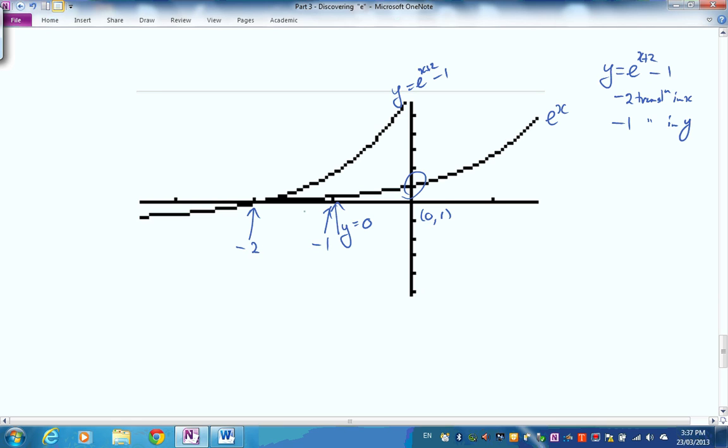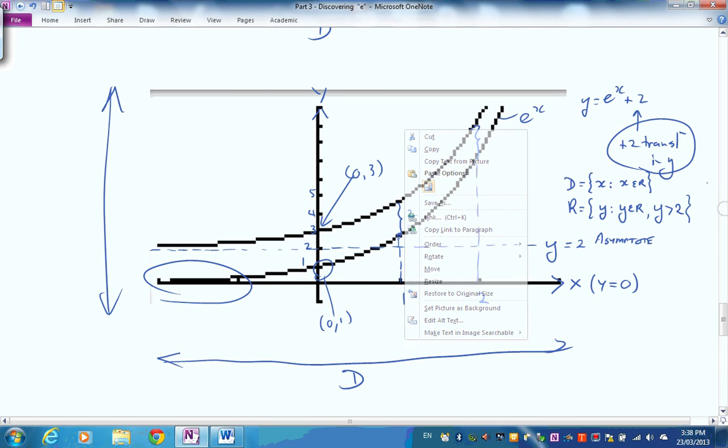And so now this intercept here, which is at 0, now goes across 2 units. We lost the scale there a little bit. All points are going to go across 2 units.